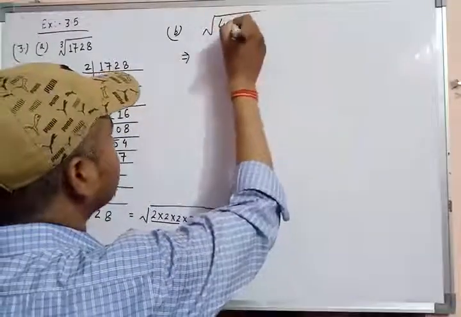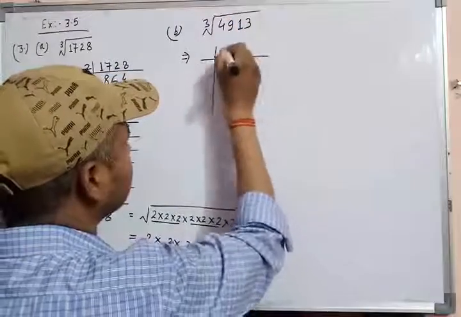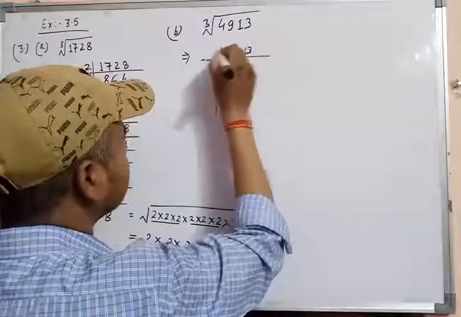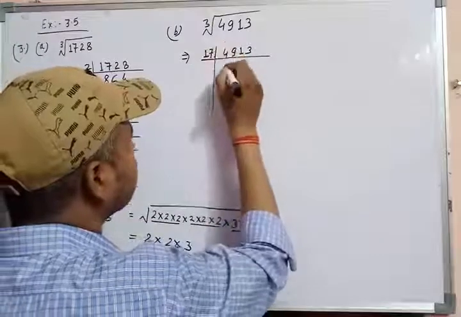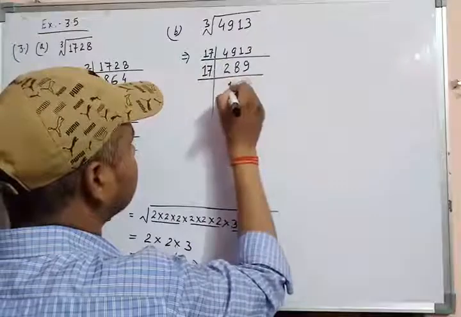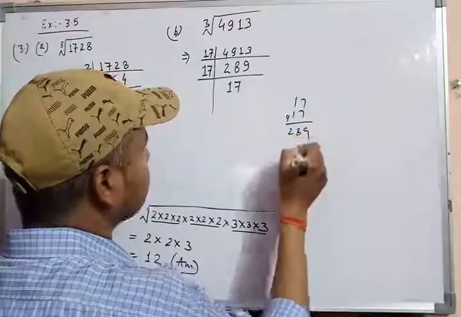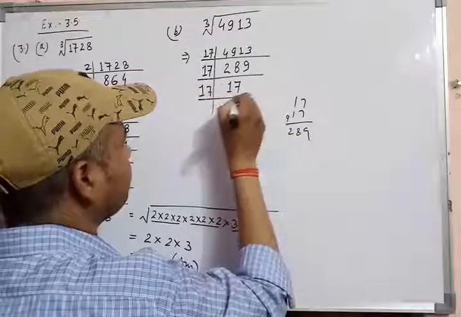4913 divided by 17 gives 289. 17 17s are 289, and this is also divisible by 17.